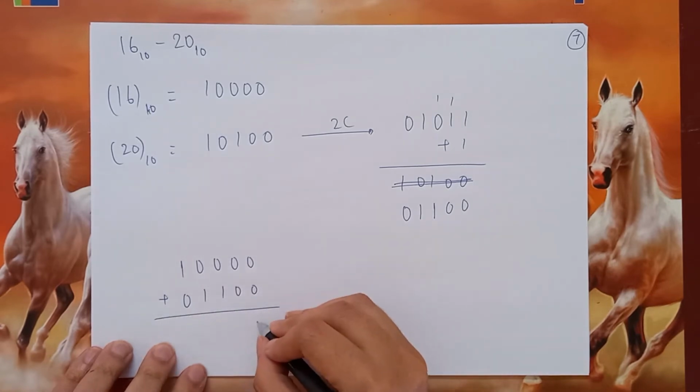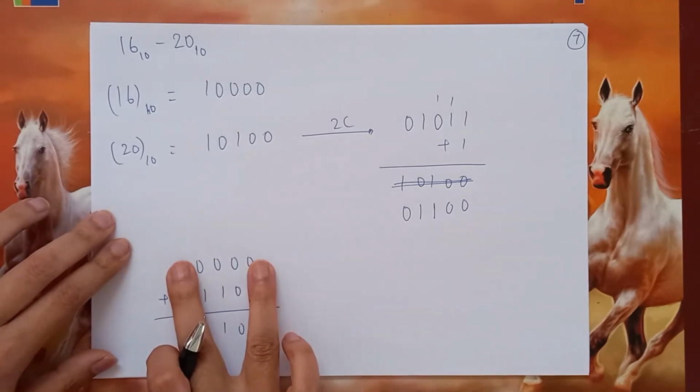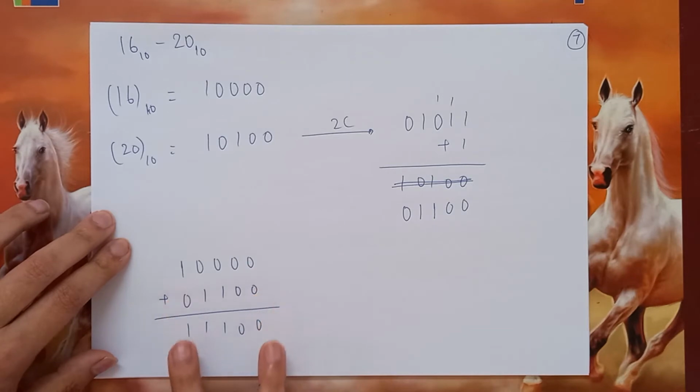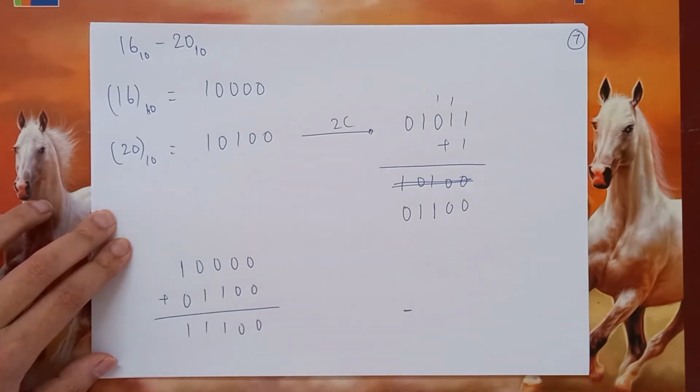So what you get over here is 0, 0, 1, 1, 1. Once again, a 5-bit number over here, a 5-bit number over here. The answer is still 5 bits. That extra carry bit is not there. So this indicates the answer is negative. So immediately I'll put a minus over here in the answer. As per the rule, we need to take the 2's complement of this. The 1's complement will be 0, 0, 0, 1, 1.